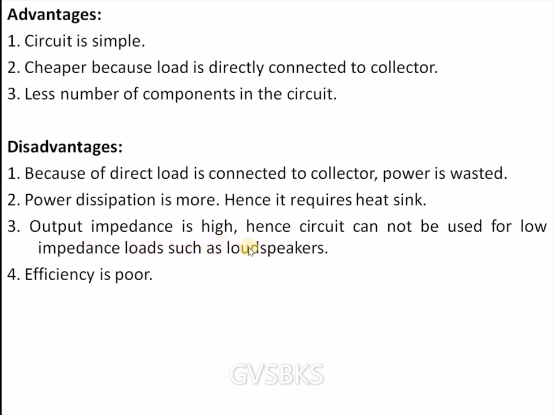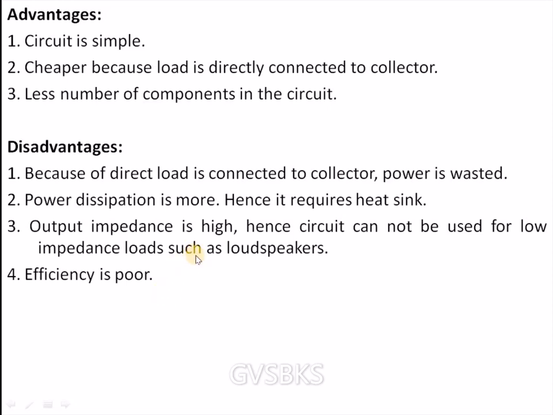Output impedance is high, hence the circuit cannot be used for low impedance loads such as a loudspeaker. Actually, we are designing this power amplifier in order to drive loads like loudspeakers, which have low input impedance. But this series fed class A amplifier has high output impedance so that it cannot be used to operate loads such as a loudspeaker, and the efficiency is poor, which is only 25%.